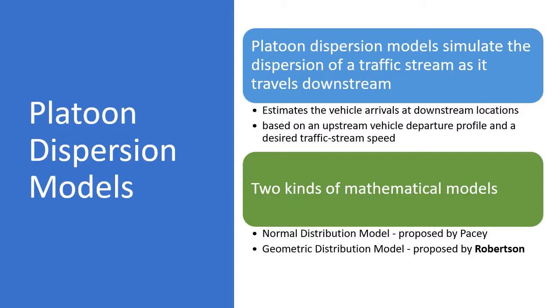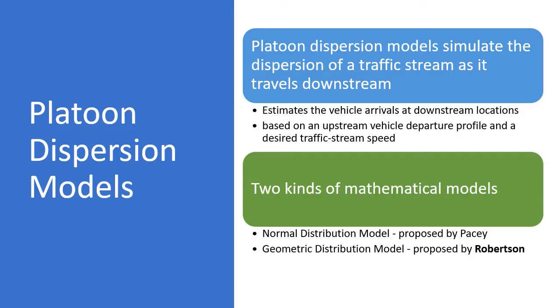So we have to have the upstream vehicle departure profile. The vehicles reaching the downstream intersection depend on the upstream vehicle departure profile, since those vehicles departing from the previous intersection are the ones reaching the next intersection.